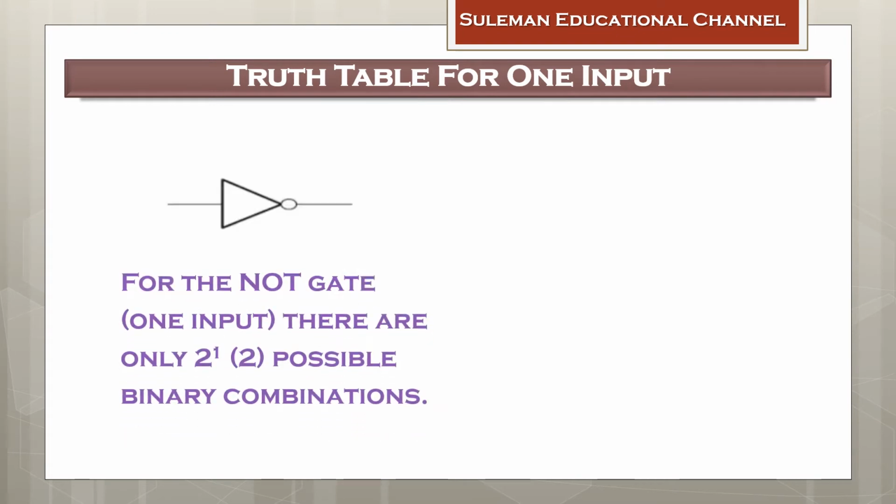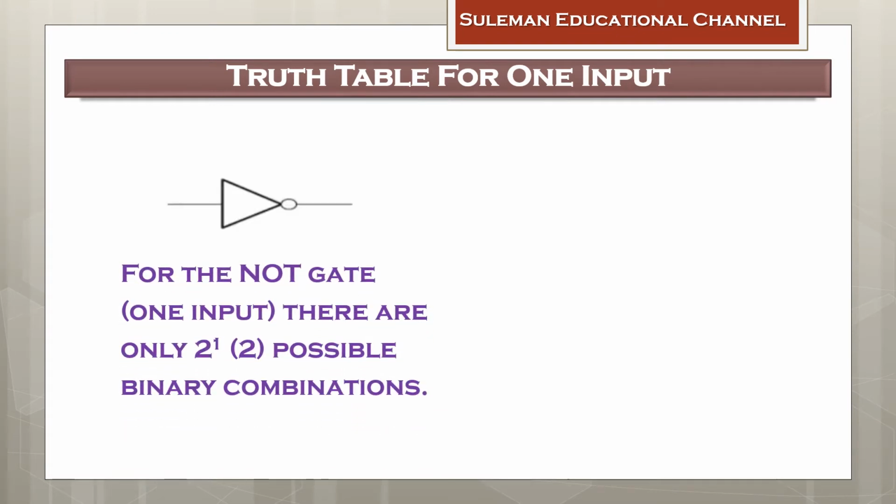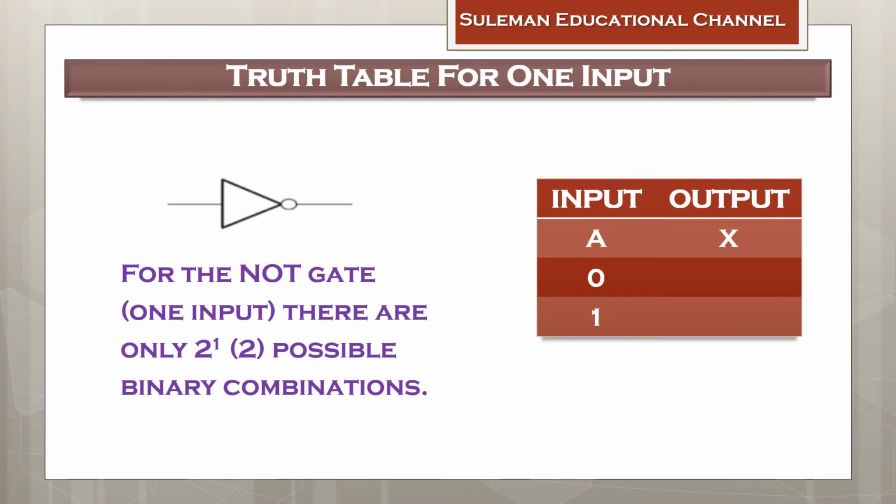Therefore, 2 power 1 that is equal to 2 possible binary combinations. Therefore, NOT gate has 2 possible combinations that is either 1 or 0 as input, as you can see in the table. A is the input whereas X is the output. The first combination is A equal to 0 and the second combination is A equal to 1.